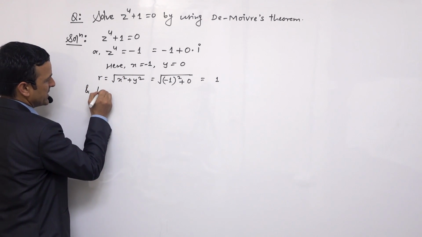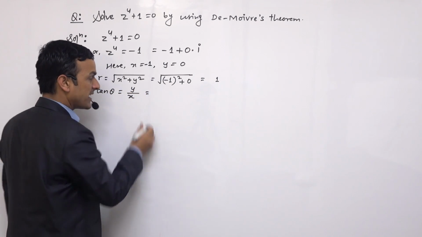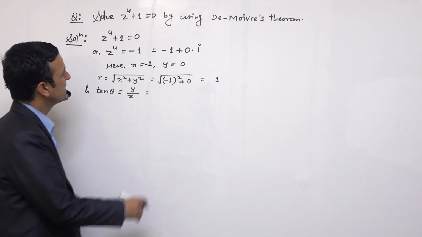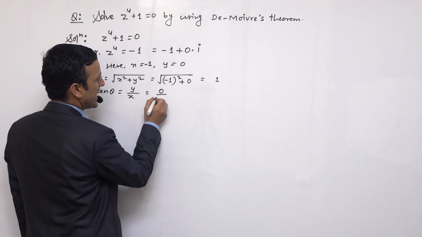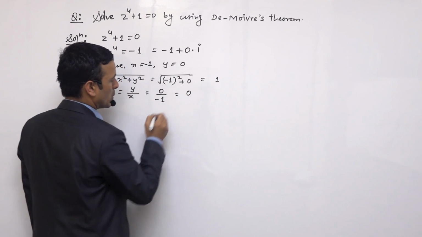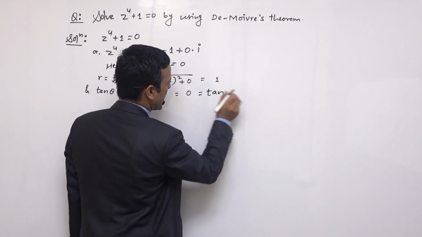And tan theta is equal to y upon x. It is the formula to find the value of theta. So the value of y is 0 and the value of x is minus 1, so tan theta will be 0.